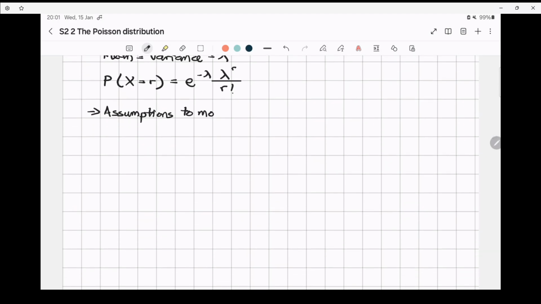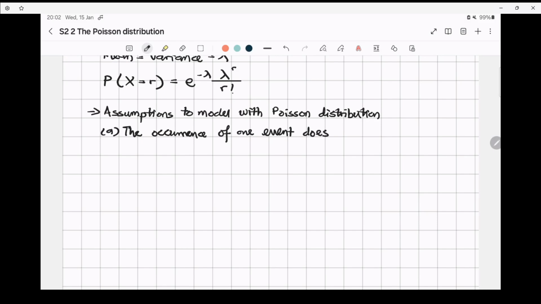To model with the Poisson distribution, the first one is that the occurrence of one event does not affect the probability of a second event.